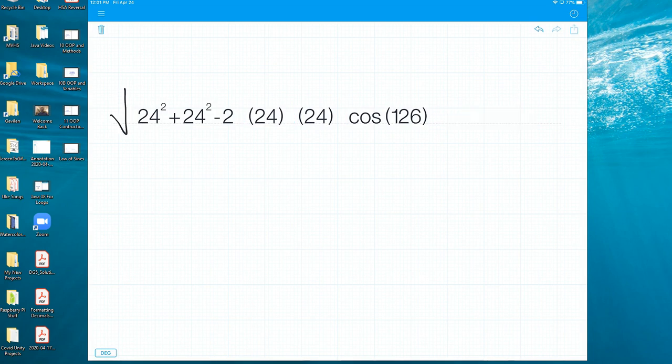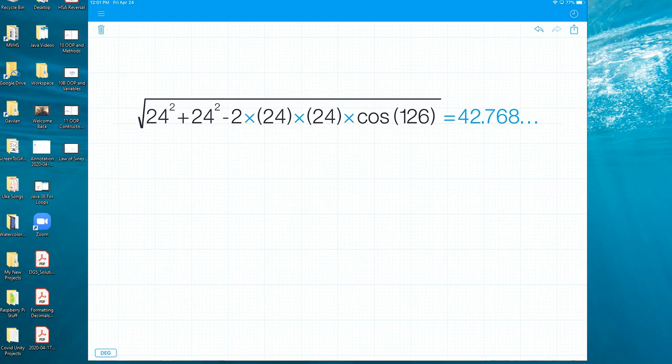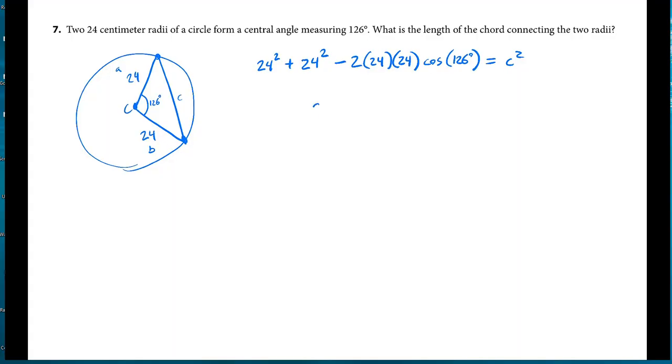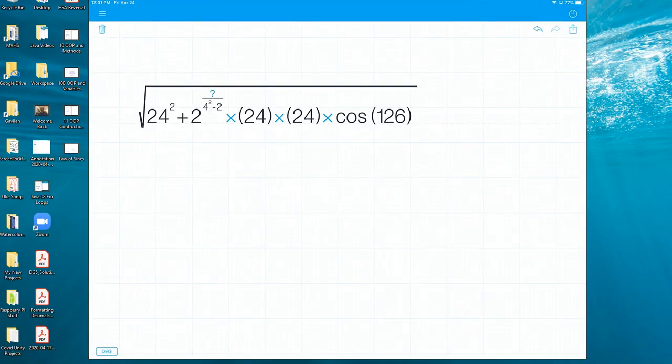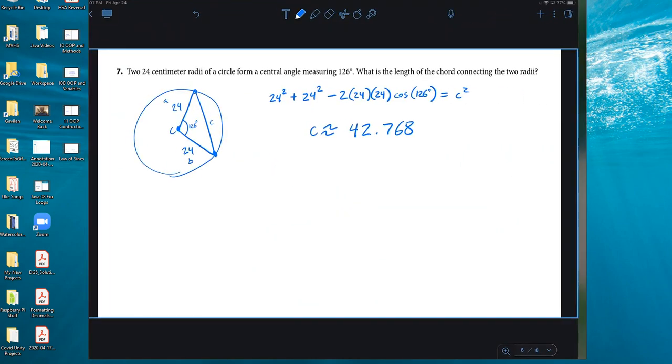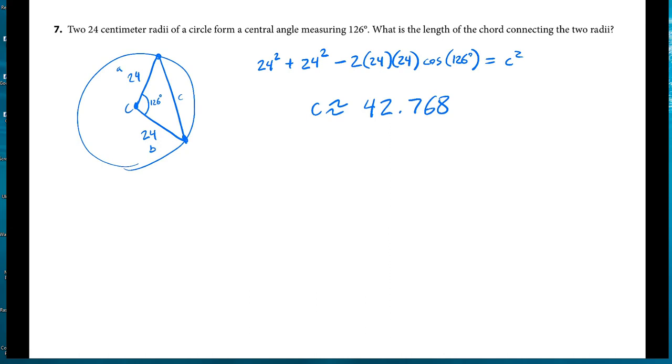Now let's square root all that. And we get 42.768. So c is around 42.768. Oh, we lost it. That's okay. There we go. So that's the big idea here.